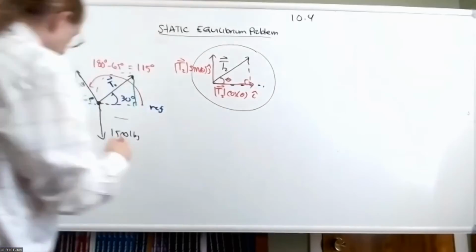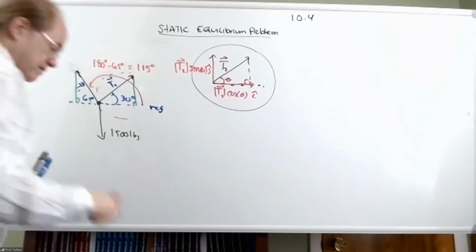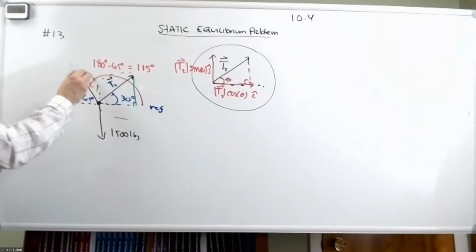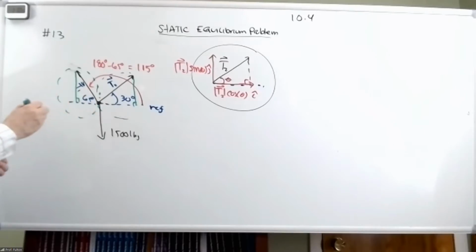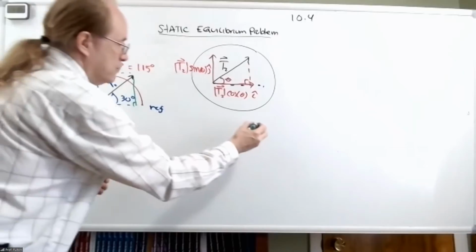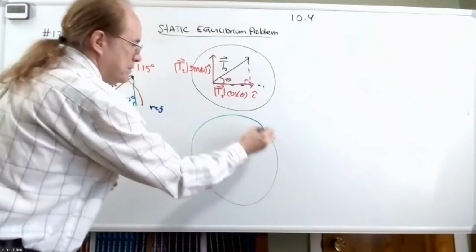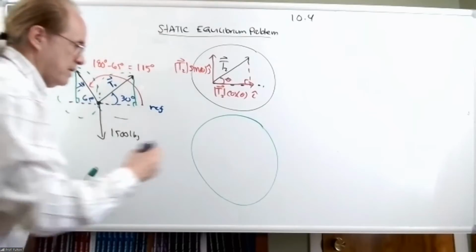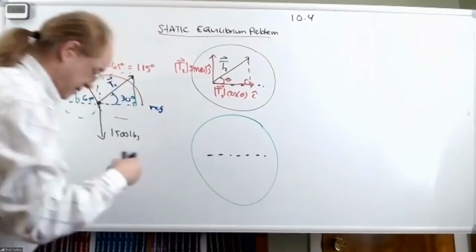Okay, I can also do this other triangle over here and draw that underneath it, and then we'll see the easy way of looking at it. Again, we still have our reference line.